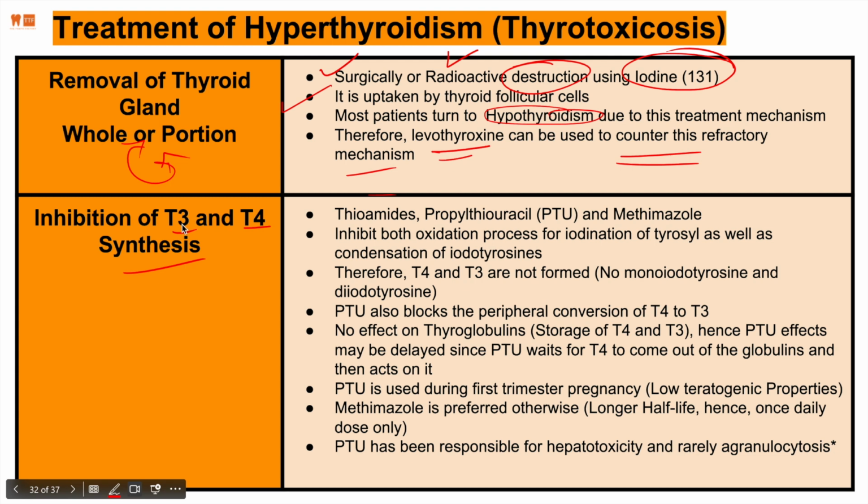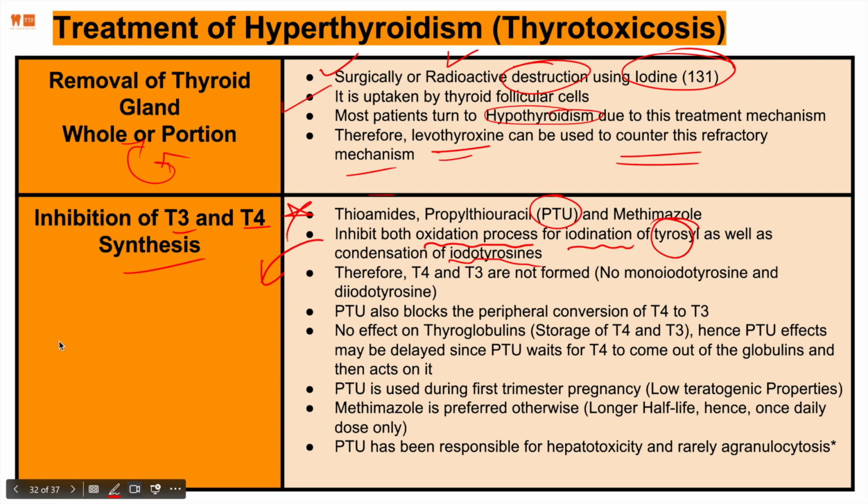Inhibition of T3 and T4 synthesis is the second modality. Thioamides, propylthiouracil, also known as PTU, and methimazole are the drugs in this class that we will talk about. They inhibit both the oxidation process for iodination of the tyrosyl and the condensation of iodotyrosine. So what does this statement mean?